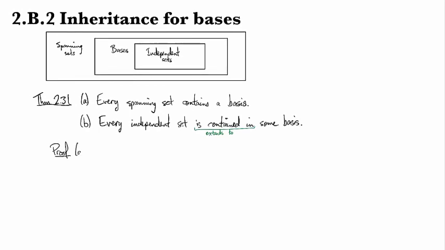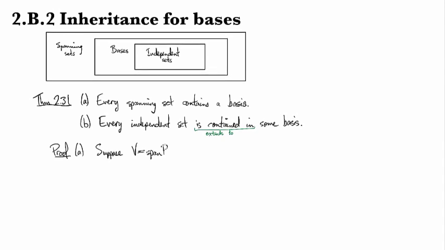So for the proof of the first one here, suppose we have that V is the span of B. So B is some list.